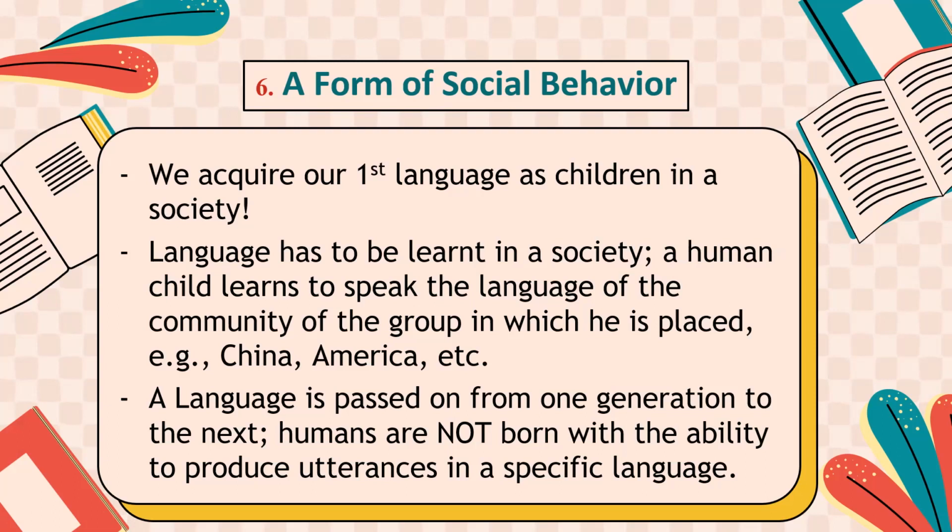They speak Arabic, right? So maybe if we put him in America, he will still speak Arabic. No, because we don't inherit our language. No, we have to acquire it. So if you brought this Arabic speaking child and put him in America from his childhood, he will speak English because he will acquire the language of the society he is put into.